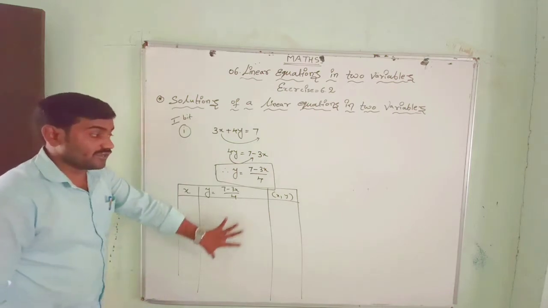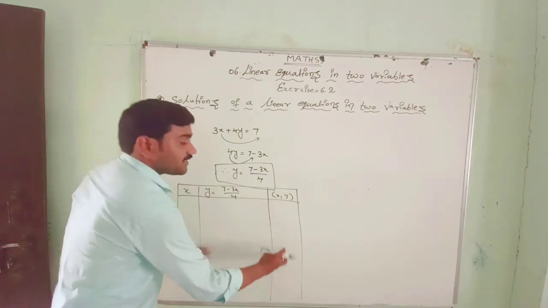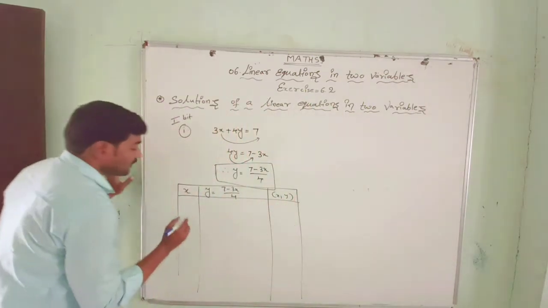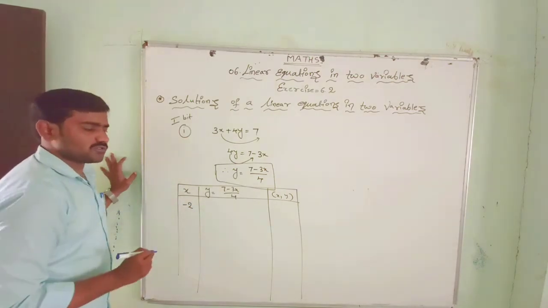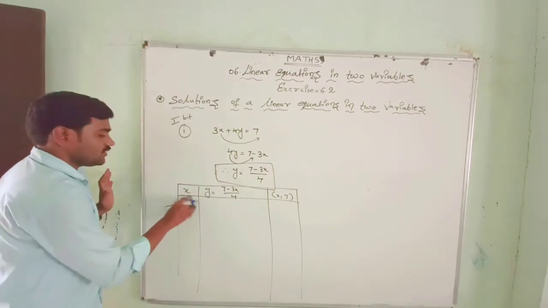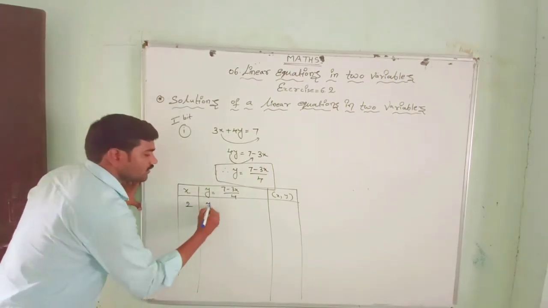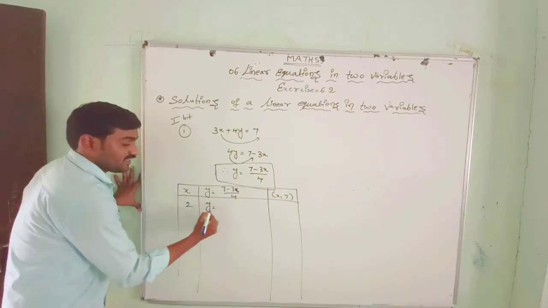This is very important: the points we get here will be represented in our next exercises. You can assume any numbers here. Let me assume 2. Wherever x is present, we put 2, then we get the y value.